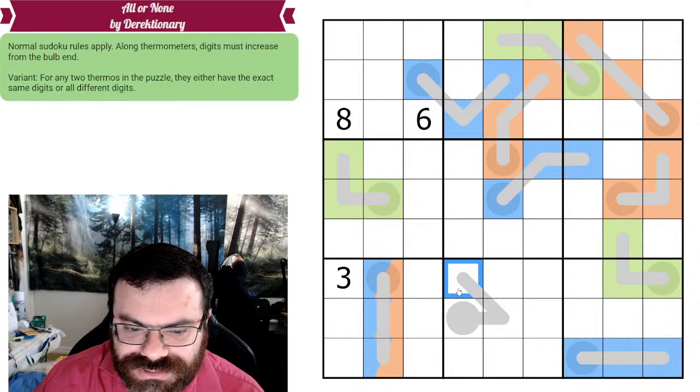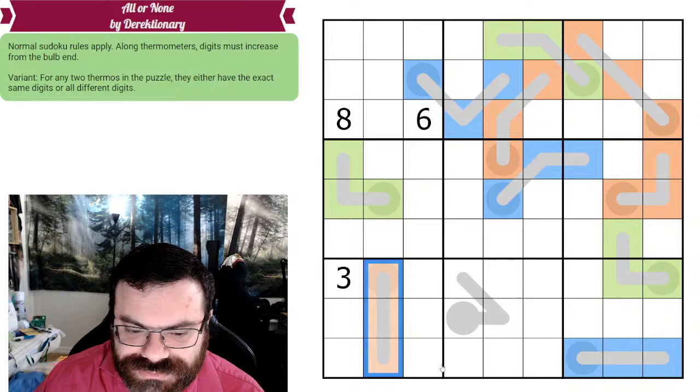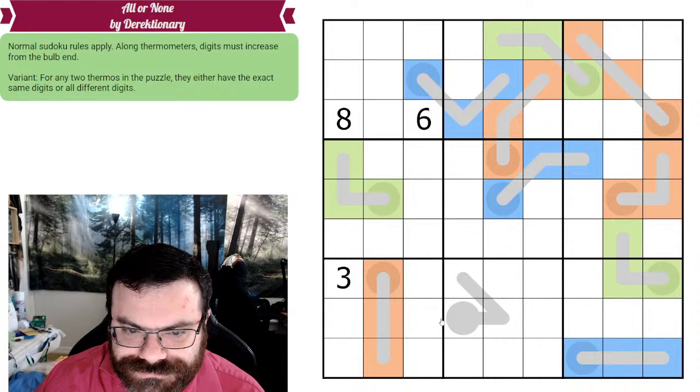Can we color this one? Oh, this sees all of blue, so this is not blue. This one sees orange as middle, so it's not orange. So it's either blue or green.